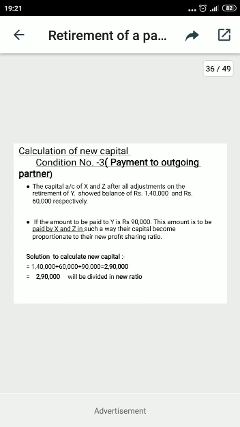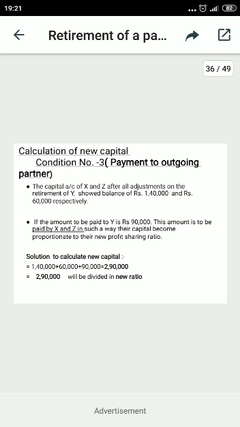Now I am moving to the third condition: calculating the new capital with the help of the payment to the outgoing partner. Like the question is given here, the capital of X and Z after all the adjustments is 1 lakh 40,000 and 60,000 as usual, and Y is leaving the organization and retiring, and Y's dues are 90,000.